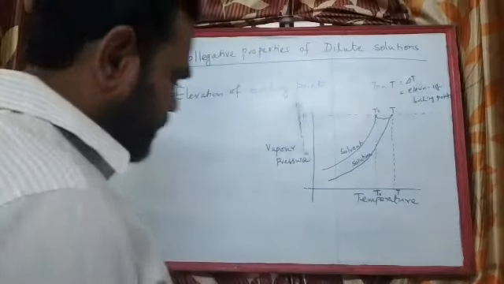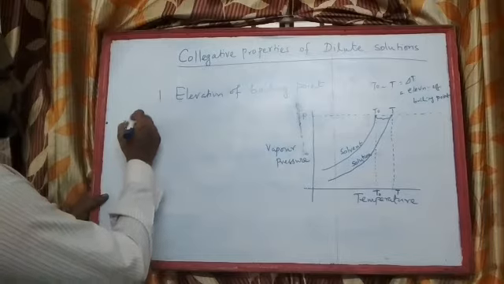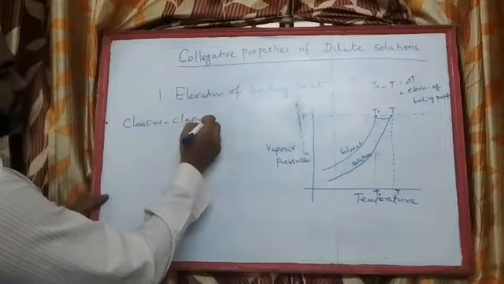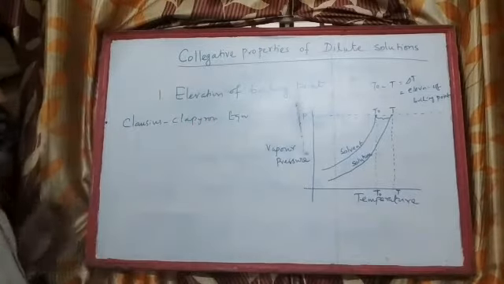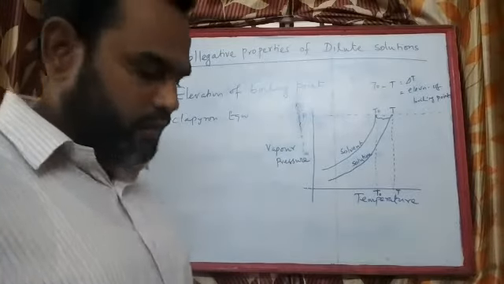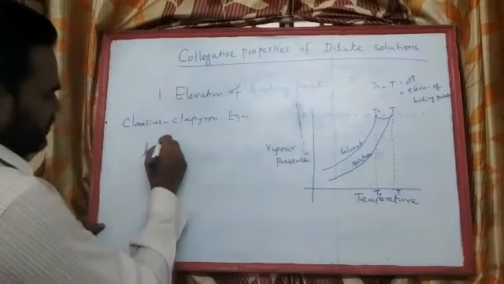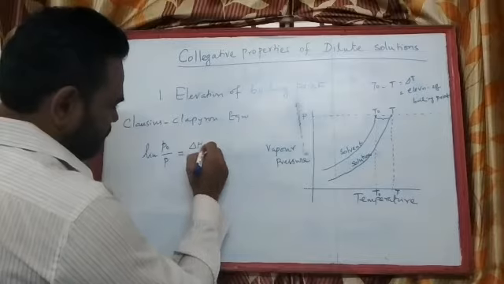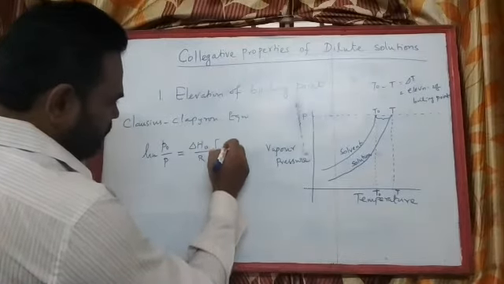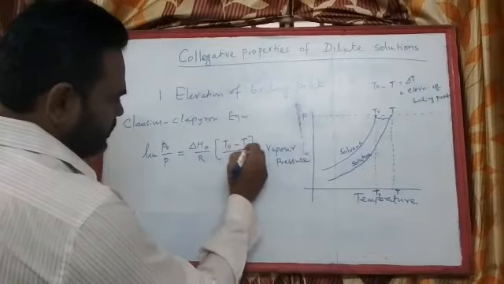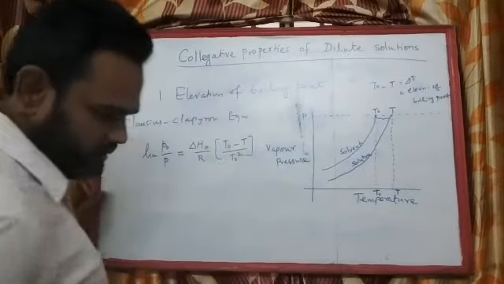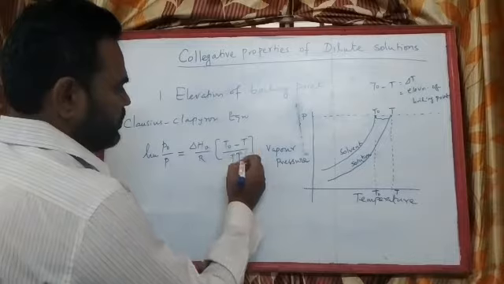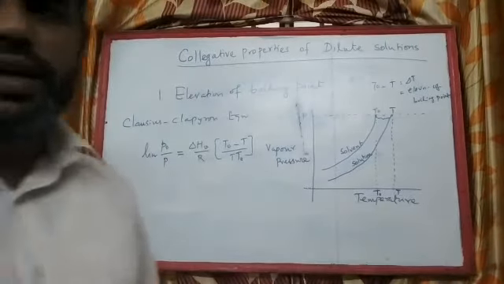You know the Clausius-Clapeyron equation from thermodynamics, which shows that ln P0 by P is equal to delta HV by R times (T0 minus T) by T0 squared, or we can write this as (T0 minus T) by T0.